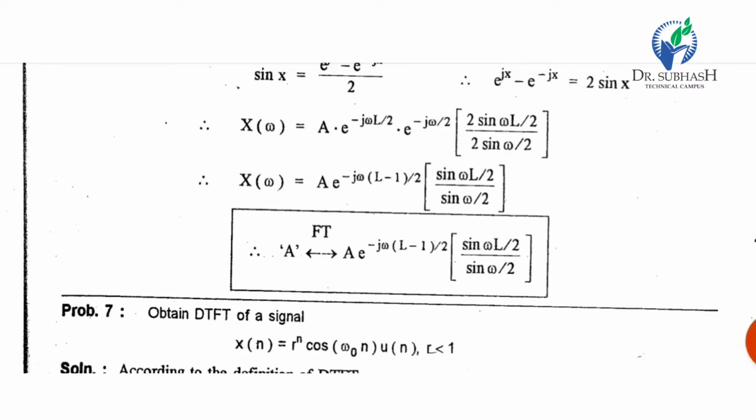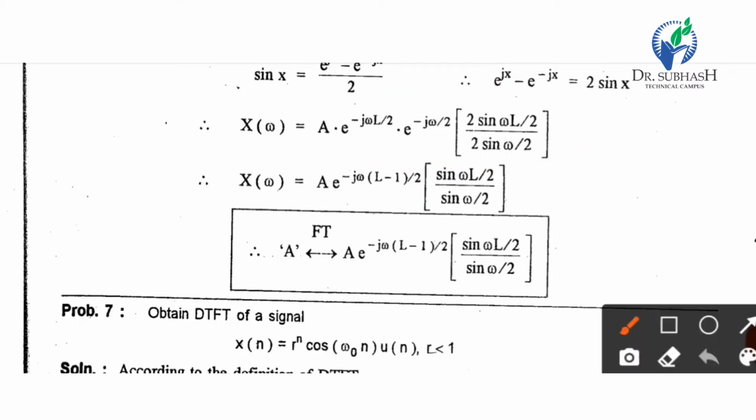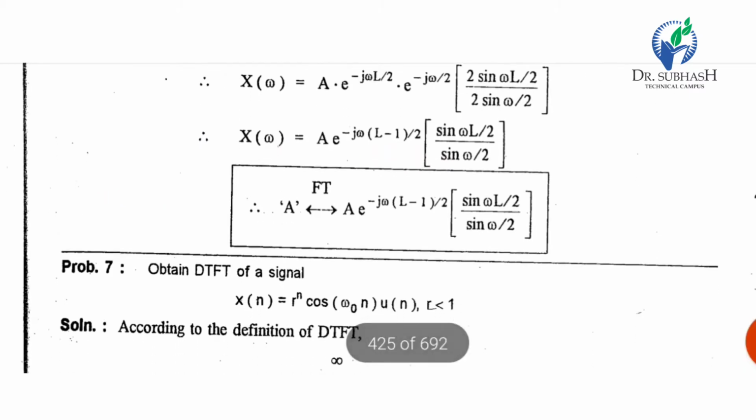So the term X of omega equals A e raised to minus j omega (L minus 1) divided by 2, sin omega L by 2 divided by sin omega by 2. So we get our final answer.